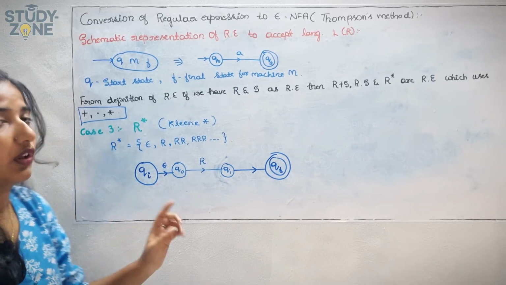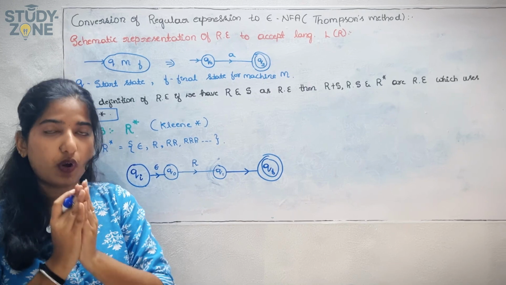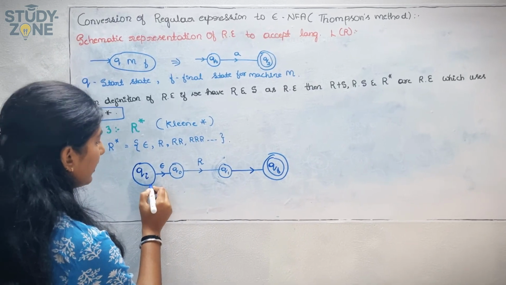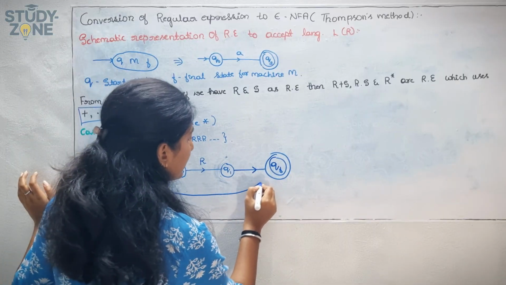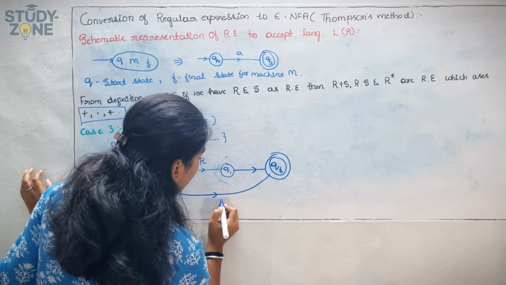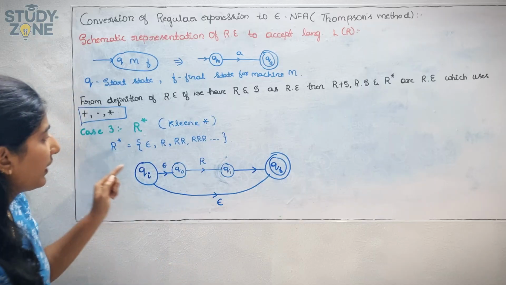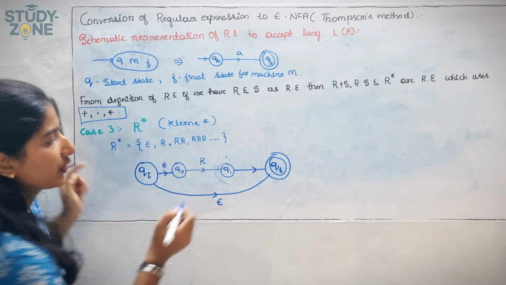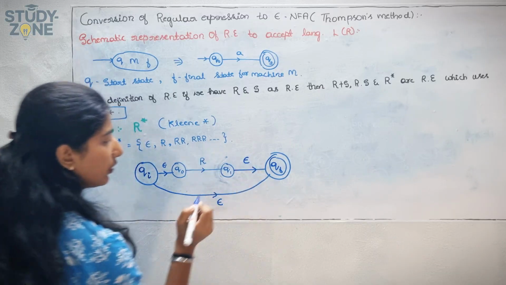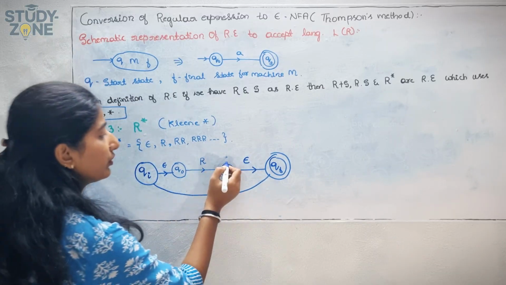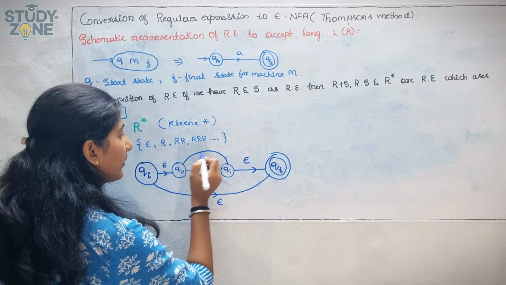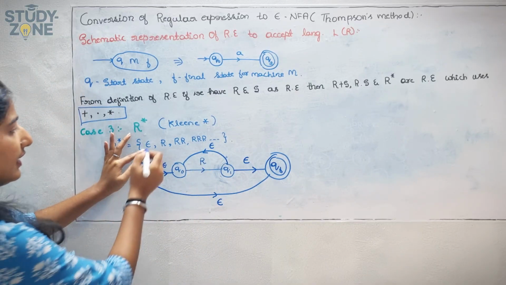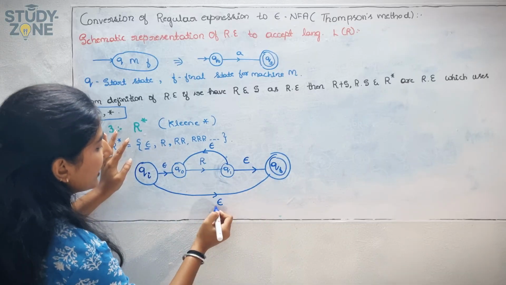If I get epsilon, whether it is going to be accepted or not, it is going to get accepted, right? If I get R, it will be moving here. So I will write epsilon here also, and epsilon here also. Why? If I get epsilon, I will be moving to the final state.